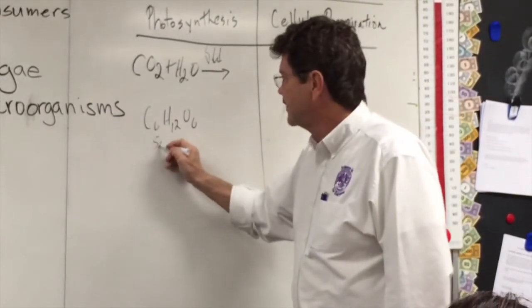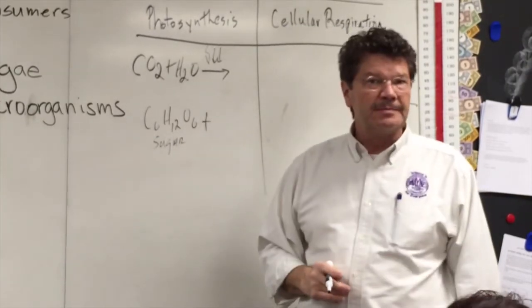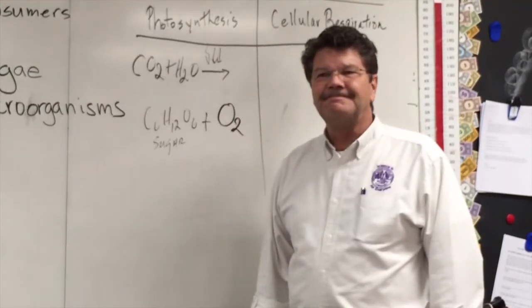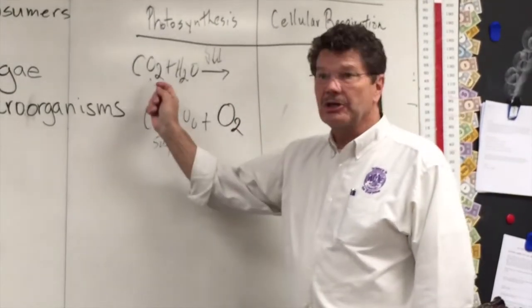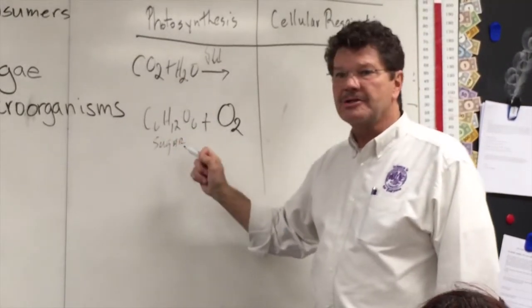This is sugar. And it'll have something left over. Guess what's left over? Oxygen. Plants take in carbon dioxide, water, and give off sugar and oxygen.